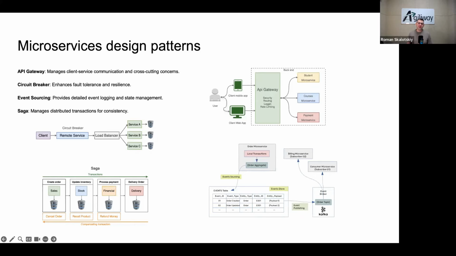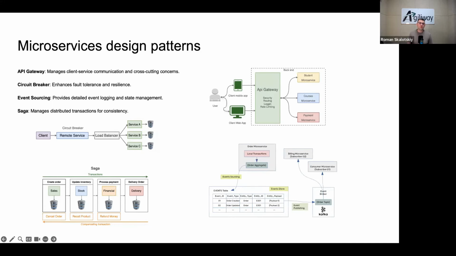First one is the API gateway pattern. The API gateway pattern is essentially for managing communication between the client and the microservices. It serves as a single entry point for client requests, routing them to the appropriate microservices.